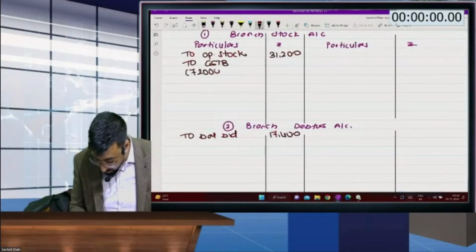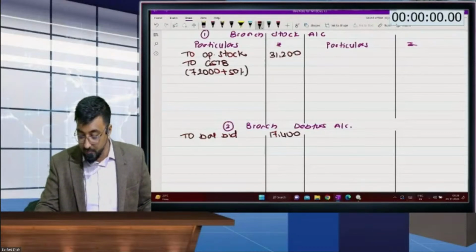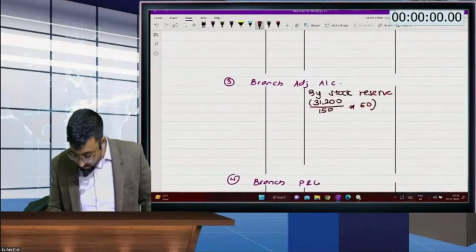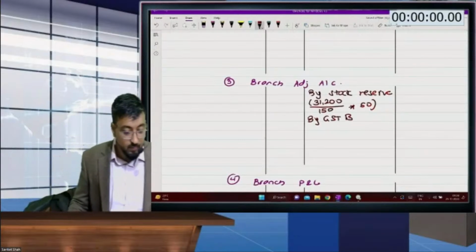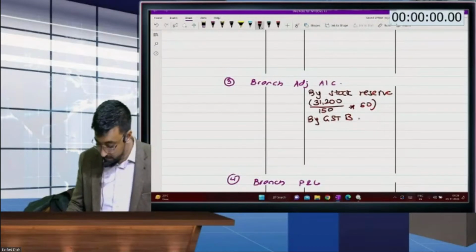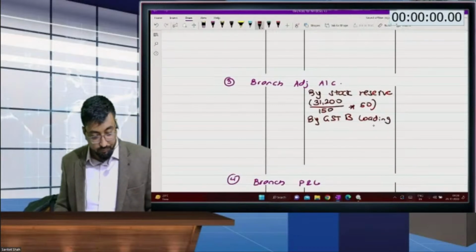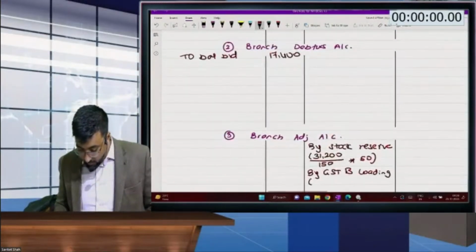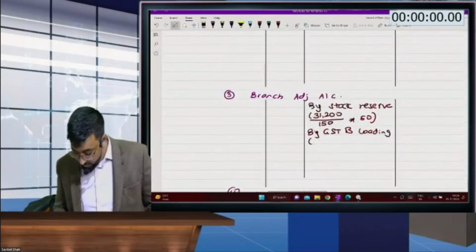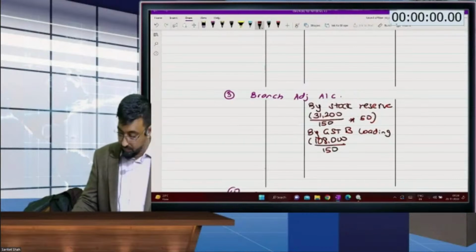So 72,000 plus 50%, see, 1,08,000. And by GSTB loading, by GSTB loading, 1,08,000 divided by 150 into 50.